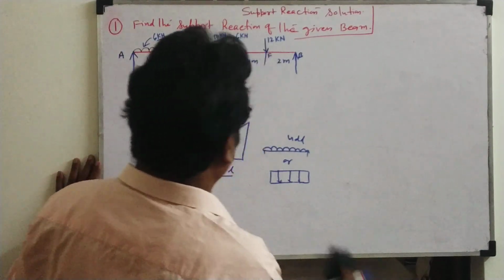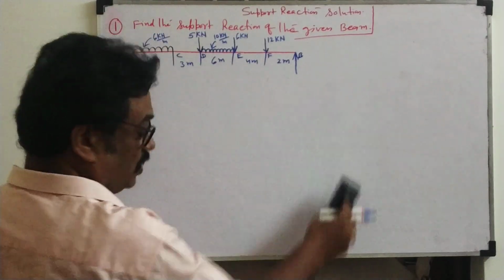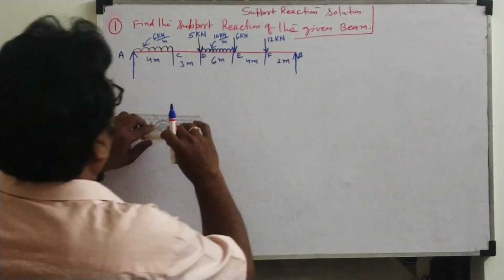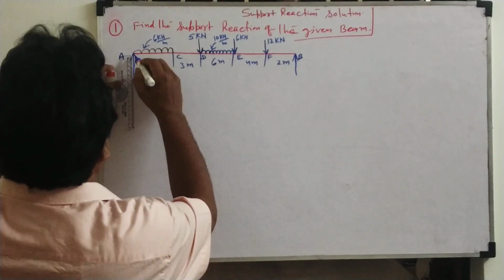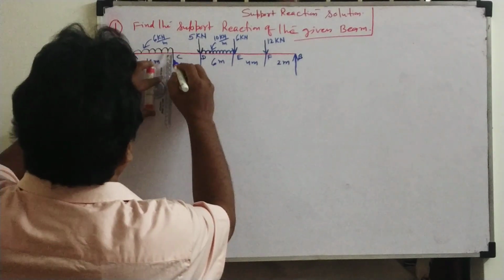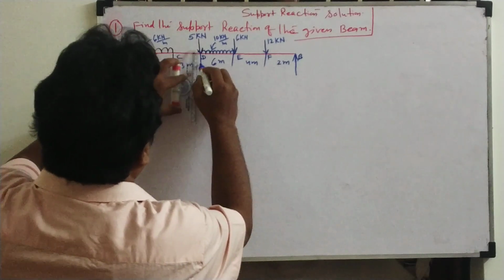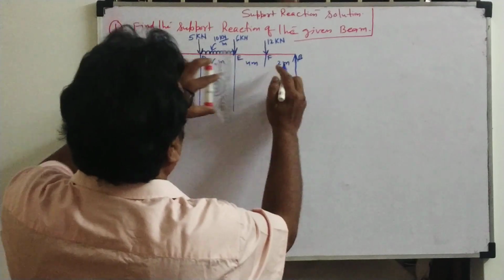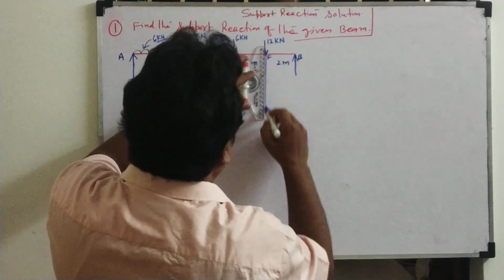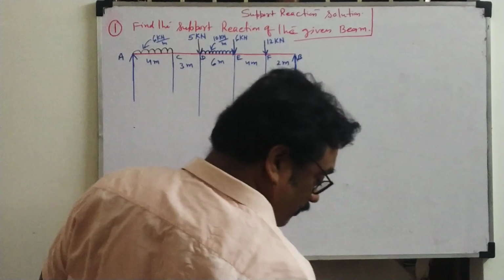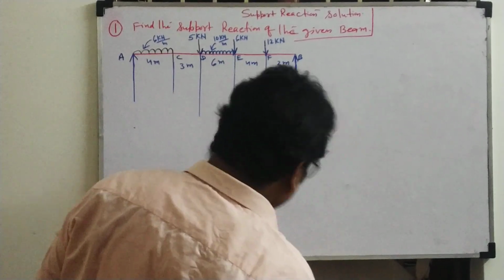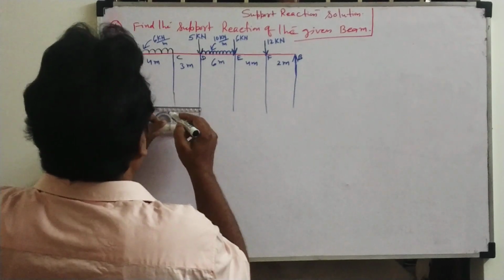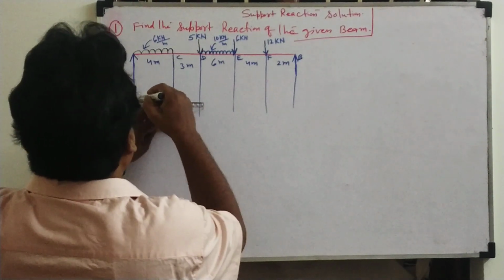So the very first work, as we discussed in the previous video, is to draw whatever load they gave as another load diagram. All loads should be point loads only. So we'll extend this slowly with a thin line, and we'll draw the load diagram.